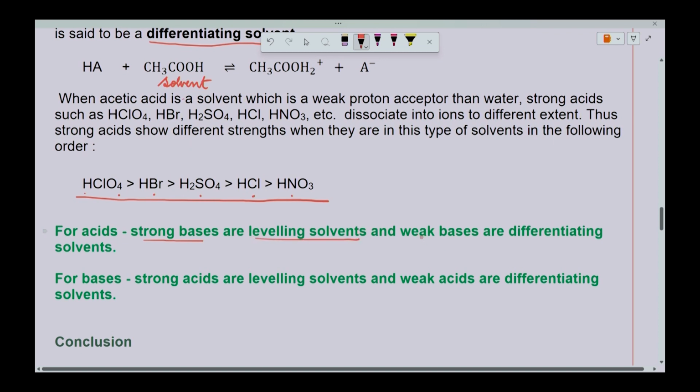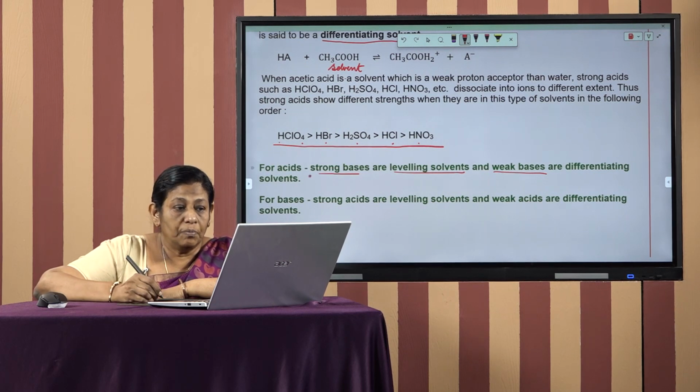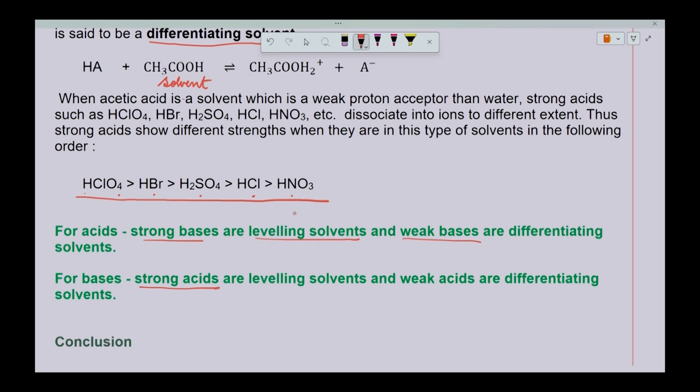If I am using a weak base for an acid, then they are differentiating solvents. For bases, if I use strong acids, they will be leveling solvents, and if weak acids are used, you have them as differentiating solvents.